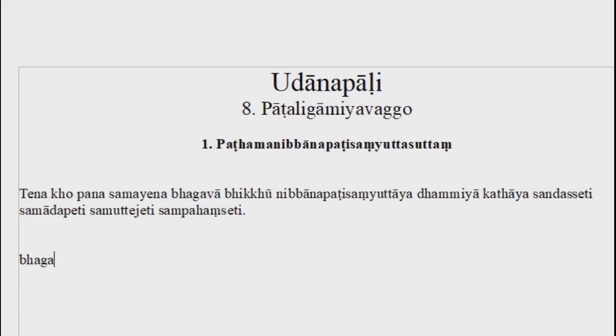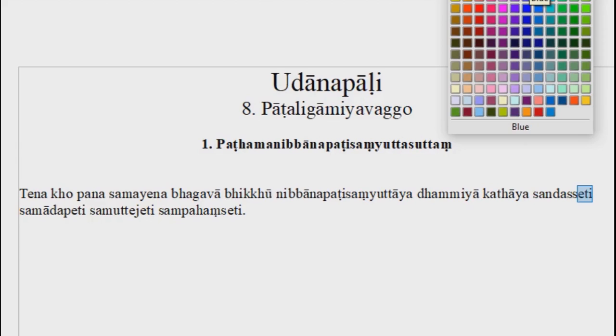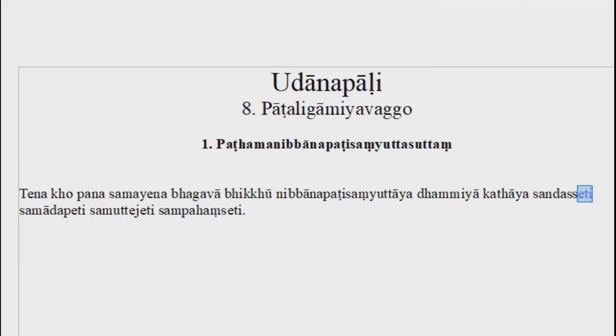Now we're going to jump over to the verb, or in this case, the verbs. We have 4 verbs, and you'll notice that they all have this characteristic ati ending here. Now this is the characteristic feature of causative verbs.